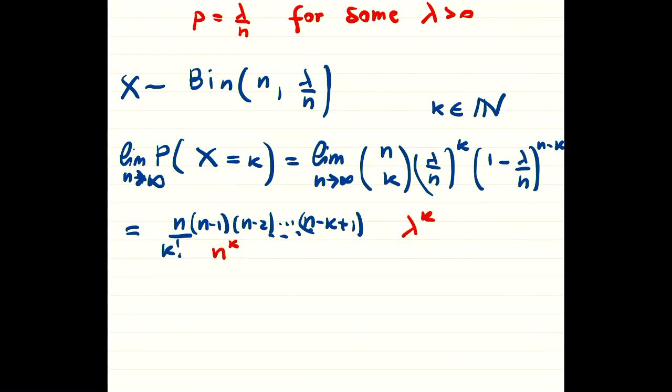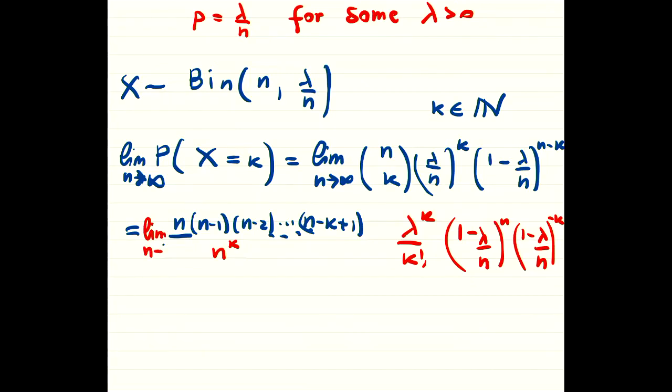I put n to the power k here. I move this k factorial here. Then 1 minus lambda divided by n to the power n, and 1 minus lambda divided by n to the power minus k. And of course, I'm considering a limit as n goes to infinity. I just reshuffled a few things, but I didn't cheat anywhere.